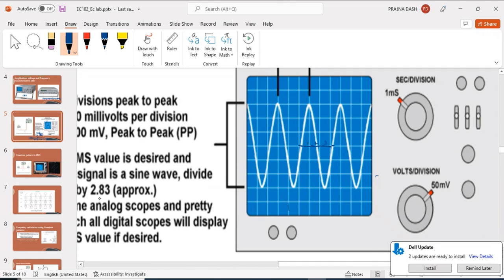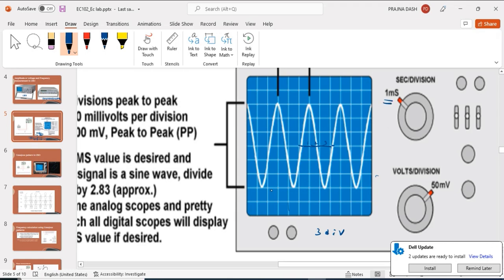So it is 3 divisions. This is the time period knob on the CRO, the physical knob where you can adjust the time period, that means adjust the frequency. Here the knob is at the position of 1 millisecond.